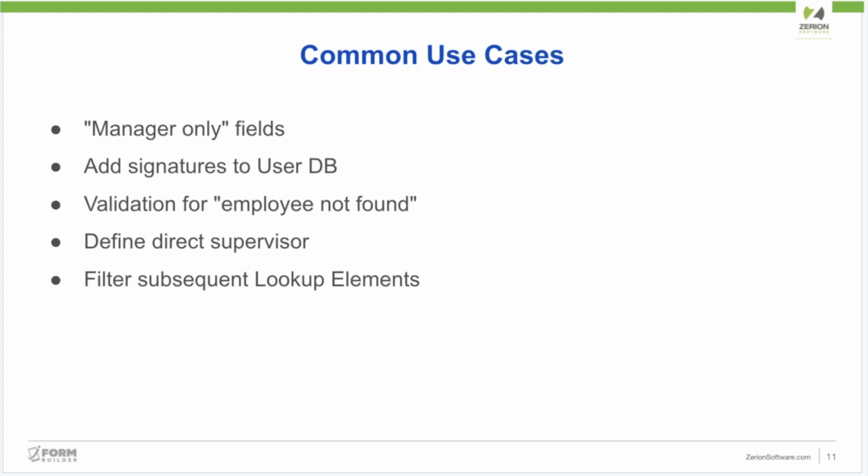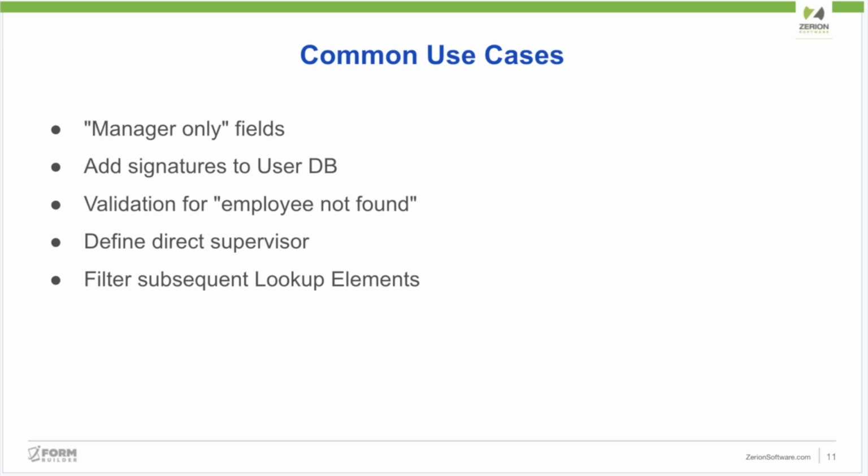So the first common use case is things like manager-only fields. What I demonstrated in the form, adding that select with a condition value, is essentially this bullet. I write manager only because the most common use case I see for this is you have a person fill out a form and you have that form get assigned to their manager.